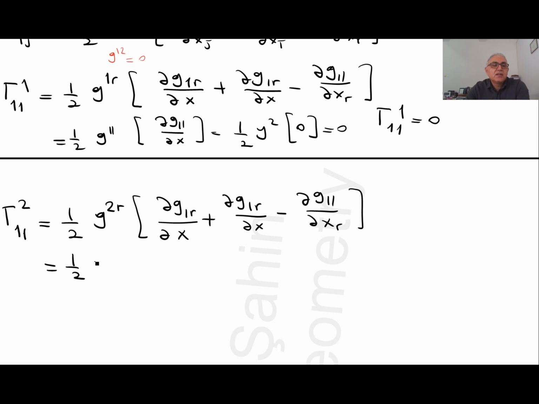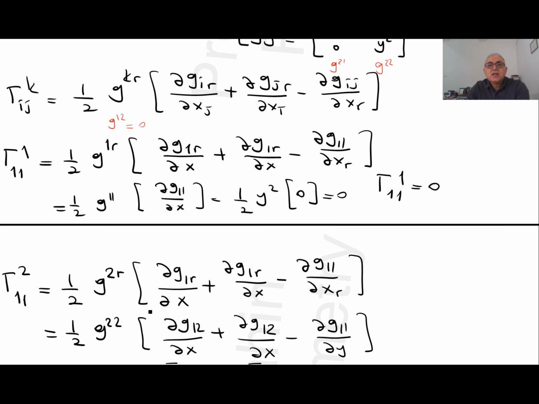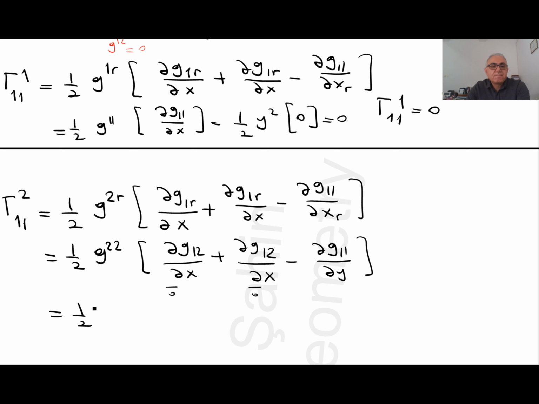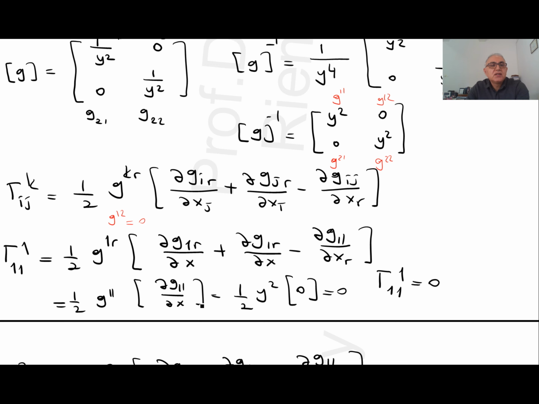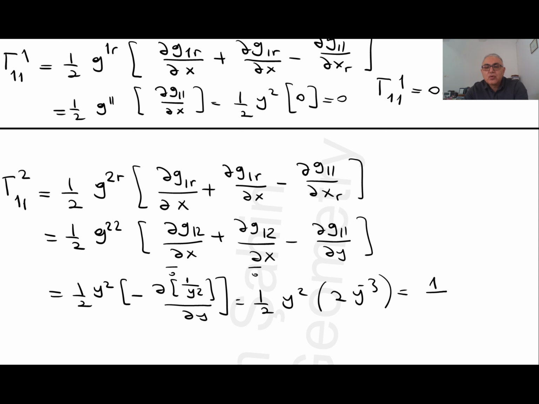So we get 1/2 y² times (−∂_y(1/y²)), so 2 times y⁻³, which gives 1/y.